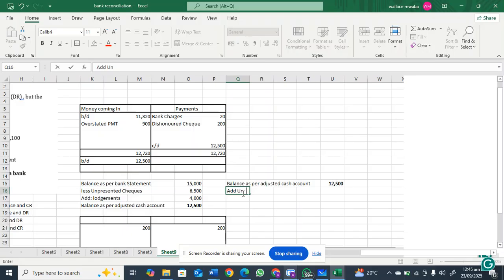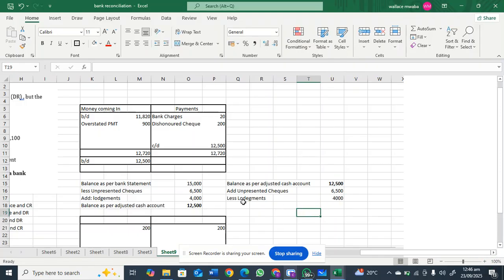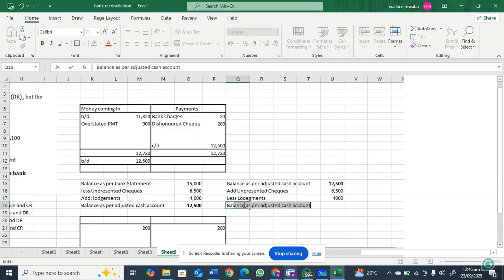Add unpresented checks, 6,500. Then we're going to subtract any lodgements. So I say less lodgements, 4,000. We're supposed to end with the balance as per bank statement.